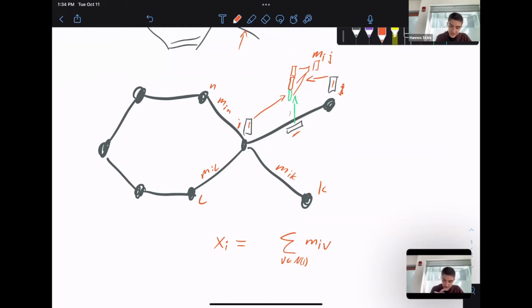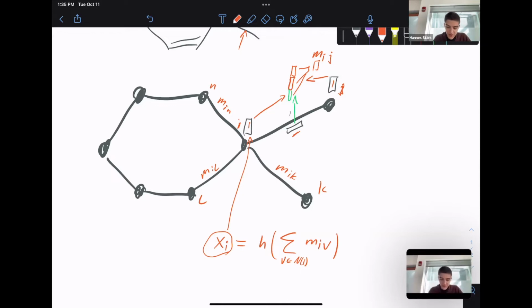And then we sum all of them together, maybe put them through another neural network, and we end up with the updated features here for node number I. But we do that, of course, for every single node, also for this one, and this one. And that is how we do one update step for every single node feature in our graph, right?